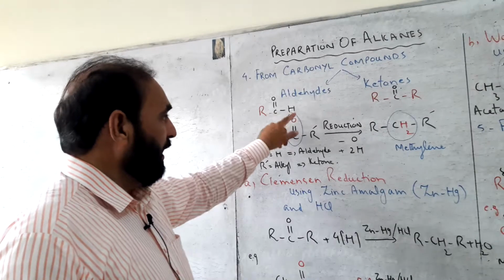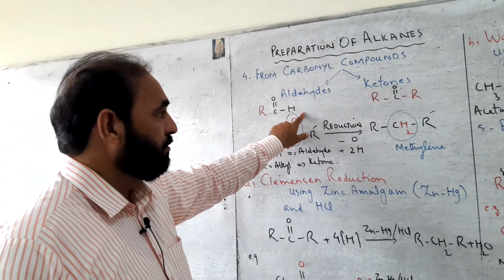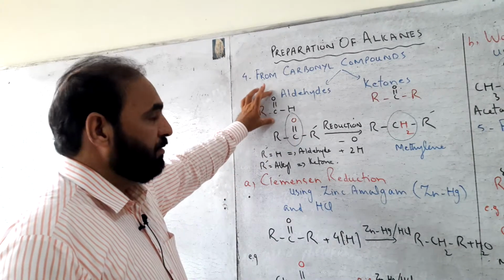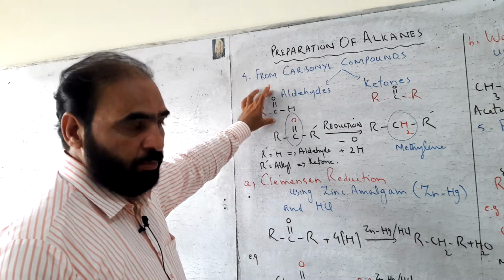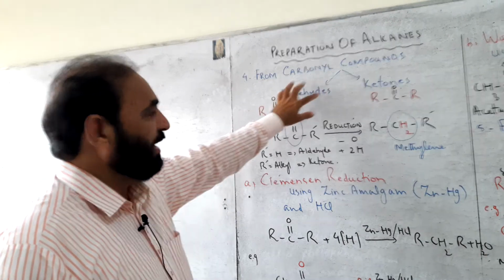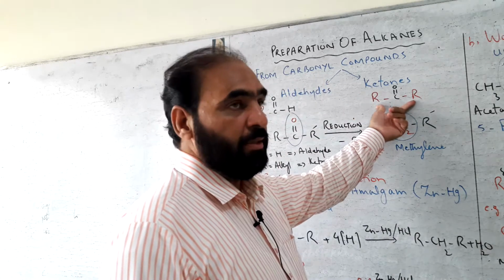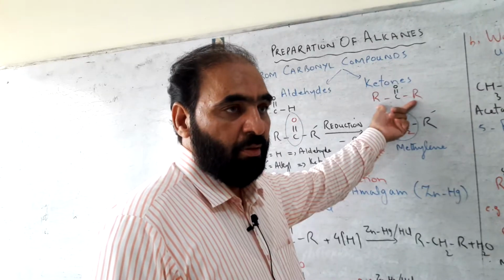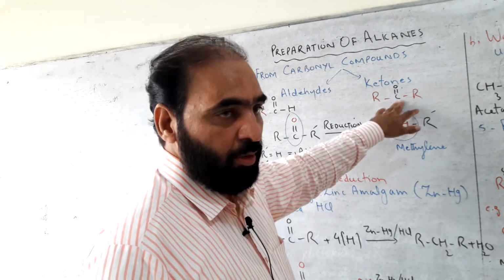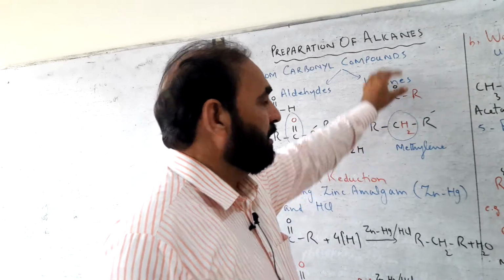If a hydrogen atom is attached on one side of the carbon of the carbonyl group, it is an aldehyde. And if there are alkyl groups on both sides of the carbonyl carbon, it is a ketone.